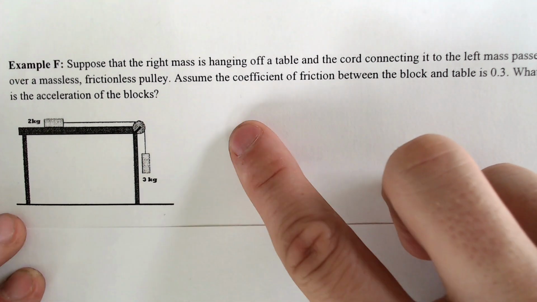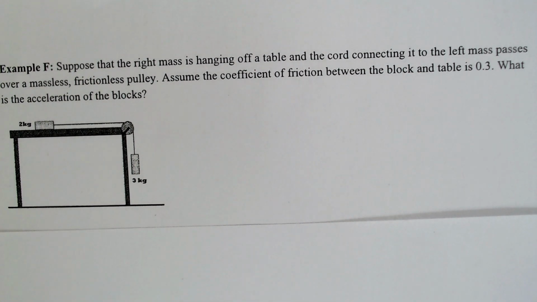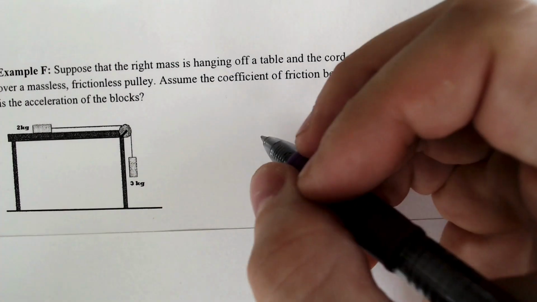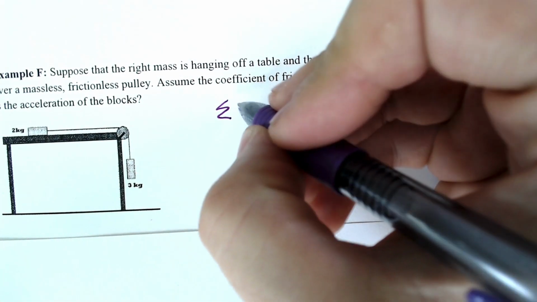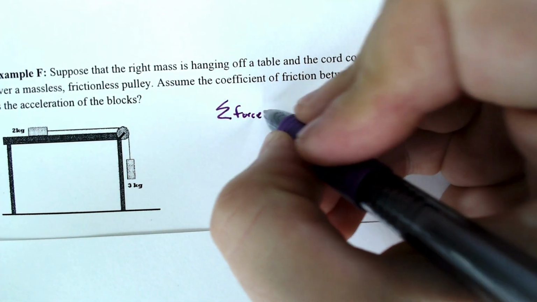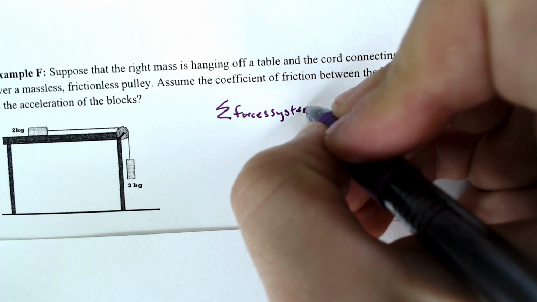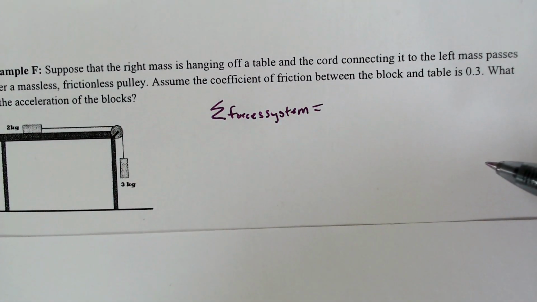Okay? So what I'm going to do is start by recognizing that we have a situation where the sum of all forces in the system would be equal to its mass and its acceleration.